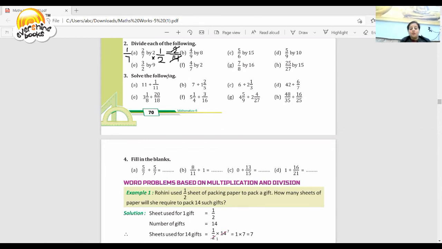Now solve the following. When a whole number, a number that does not have any fraction, is given, we will take the reciprocal of that number. So here 11 into 11 upon 1. This will be the way.